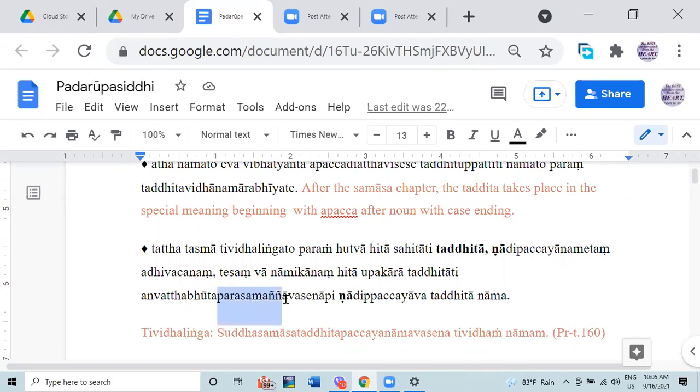Prasamanya, yes, that's right. Because pra refers to the books. In those Sanskrit books, these names like Taddhita appear, come. So the names that come in those Sanskrit books.